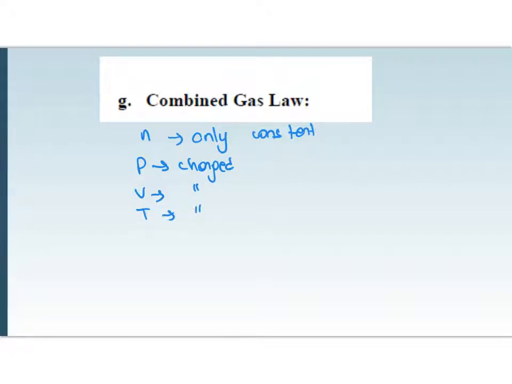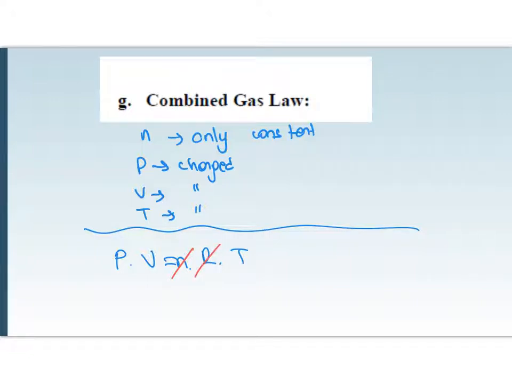So what are you going to do when you encounter a question like this? You're going to write PV and RT, and you're going to simplify the ones that are constant. For example, we tell that mole number is constant, R is always constant.